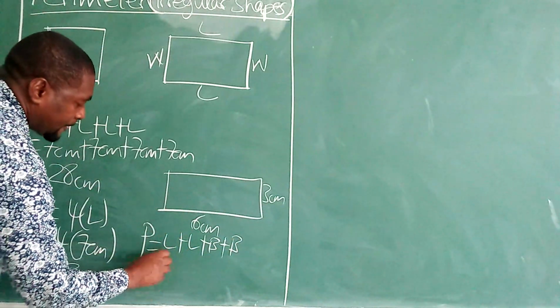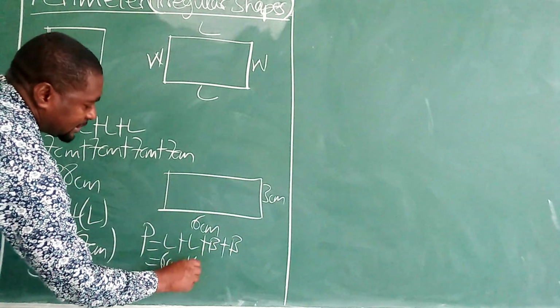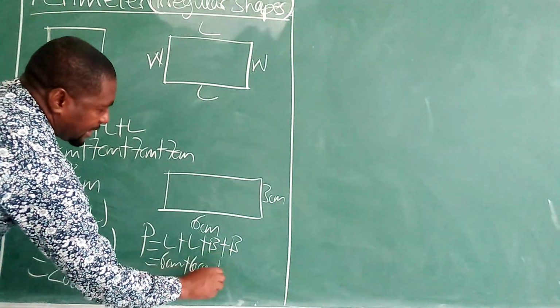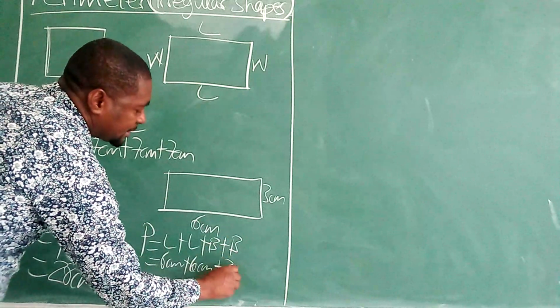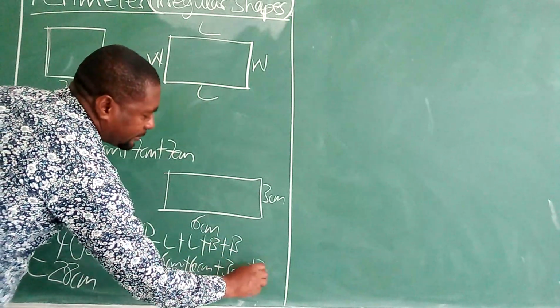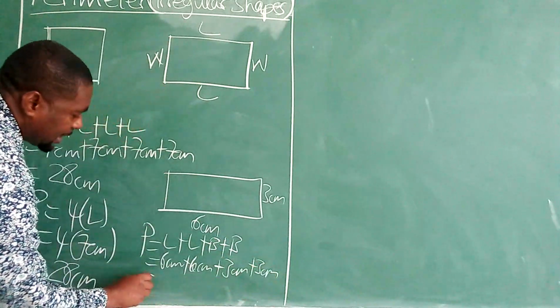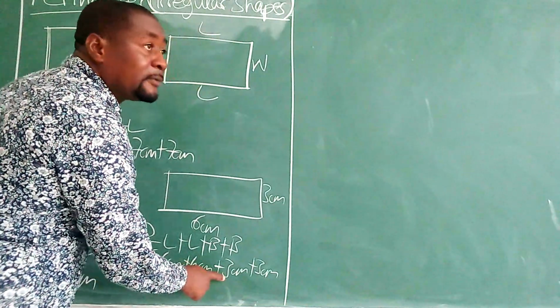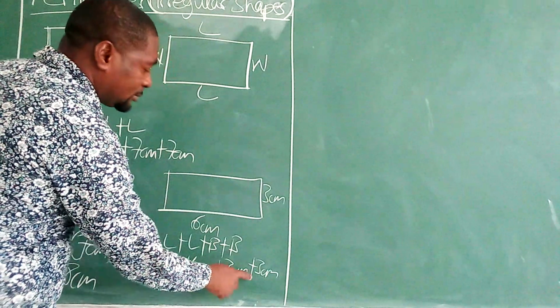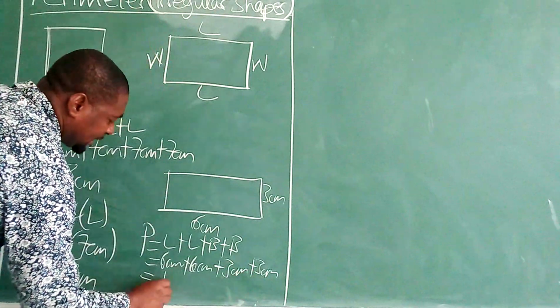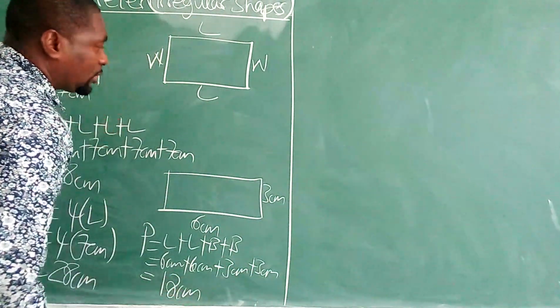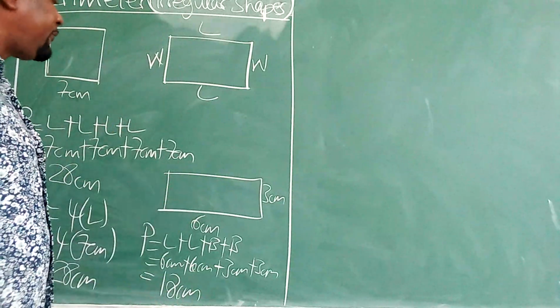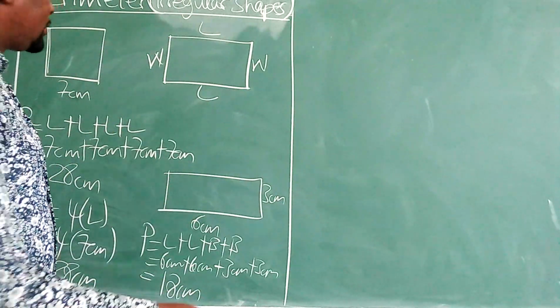So we have 6 centimeters plus 6 centimeters plus the B is 3 centimeters plus 3 centimeters. So here, 6 plus 6 is 12. Then 12 plus 3 is 15. 15 plus 3 is 18 centimeters.